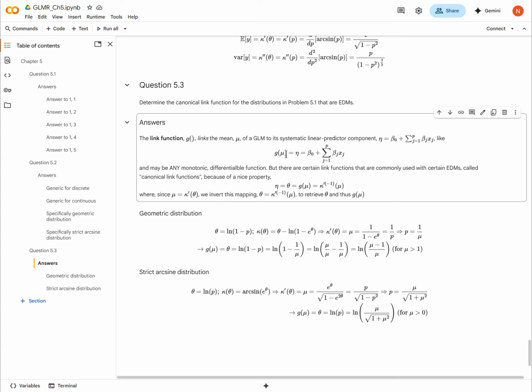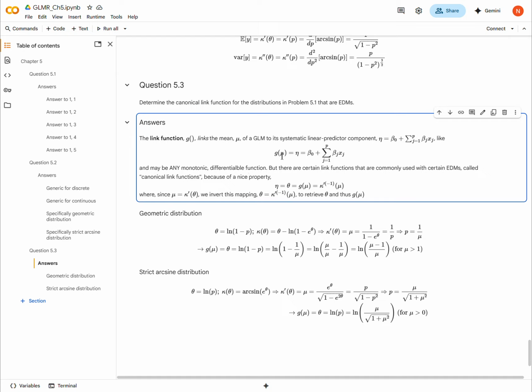We are not saying that the mean equals our linear predictors, but rather that some transformation of the mean is our linear equation. The book gives some examples of this.